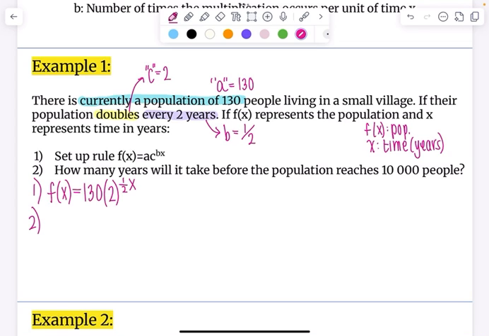Number 2, how many years will it take before the population reaches 10,000 people? We're looking for an x value. So 10,000 people is the population, so we're going to make the y value, or f of x, equal to 10,000. And then we're going to solve for x.